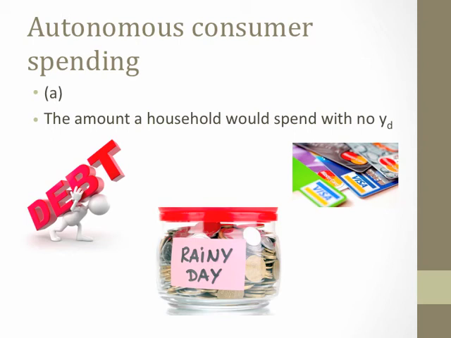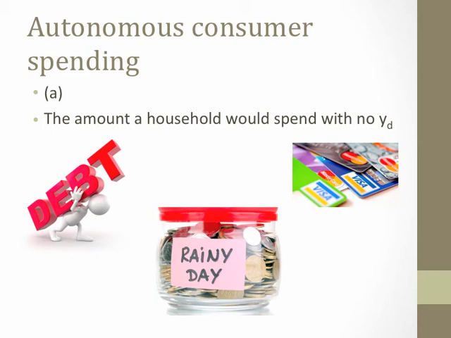Here's A, autonomous consumer spending. This is the amount that a household spends if they have no disposable income. I know that's a weird sounding concept. A lot of times people are thrown: how can you spend money if you don't have any disposable income? Well, this is what happens when people lose jobs.